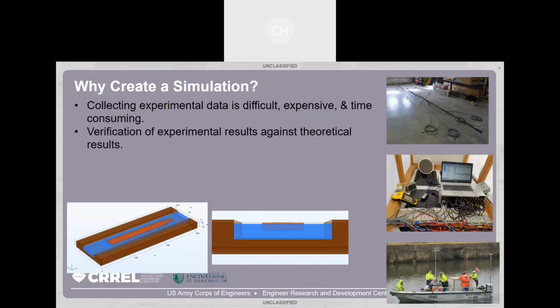A second very popular reason is simply verification of your experimental results against theoretical results. An advisor once told me, kind of tongue in cheek, but there's quite a bit of truth to it: don't trust experimental results and don't trust theoretical results. Only trust them when they agree.